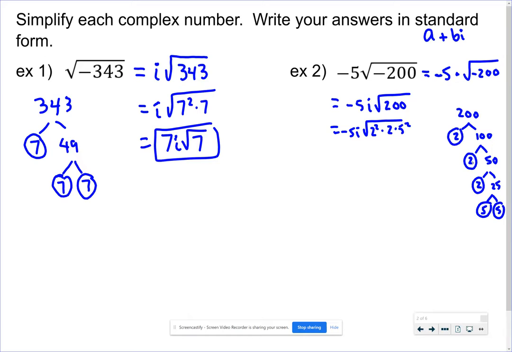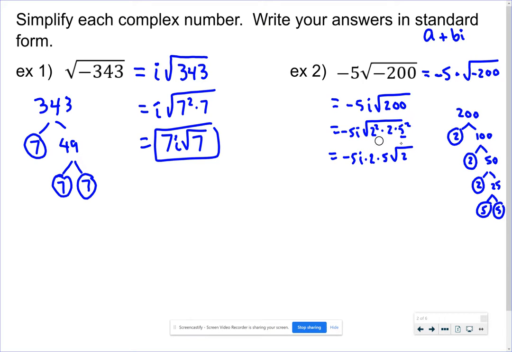So 3 2's, 2 5's. Okay. Perfect squares come out, so the square root undoes the square. So that 4 right there comes out as a 2. 2 squared is a 4. So negative 5i, we're going to multiply it with a 2 that's coming out. There's a square root of 25, which is 5. That's coming out. And under the radical, we leave this little 2 right there.